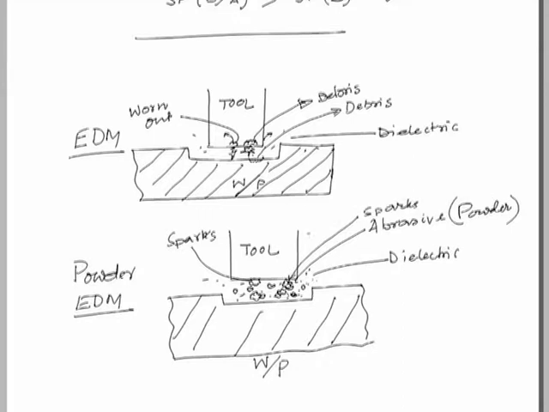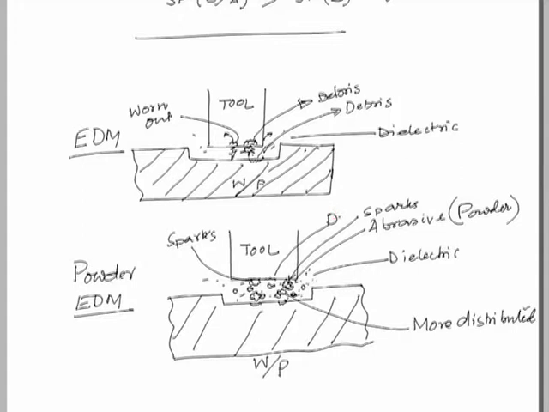In comparison to the previous cases where more concentrated sparks were produced, in the powder EDM case the sparks are more distributed, and therefore the corresponding erosion that is taking place will be in smaller quantity.